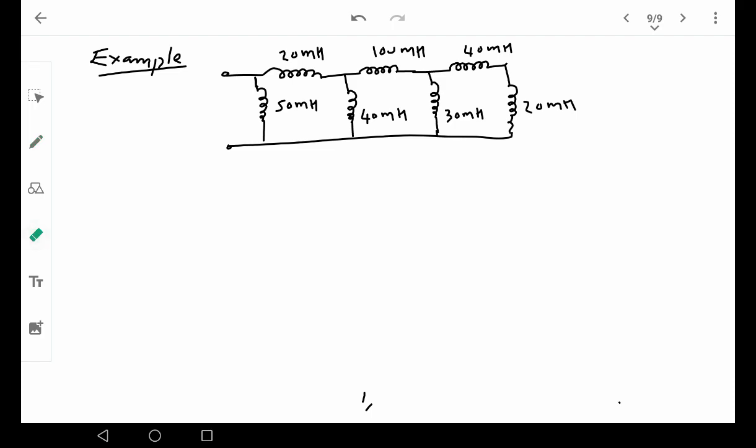50 millihenry, right? So first you find out the series of 40 and 20, that will be 60, right?